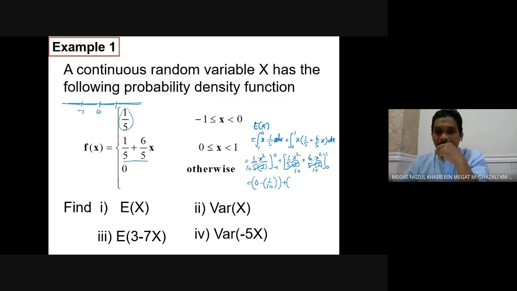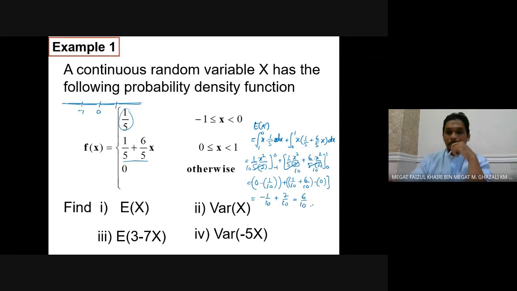Plus, substitute x with 1. 1 squared is 1, over 10, so 1/10, plus 1 squared is 1 times 6, 6/10, minus when x equal to 0, everything goes to 0 here. So then it is -1/10 plus 1 plus 6 equal to 7/10, and this one because it's 0, nothing changed, then it's now 6/10.